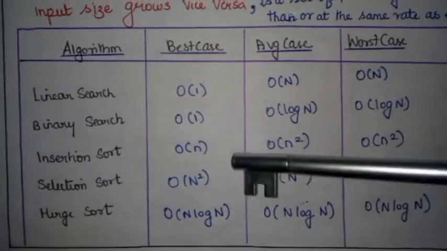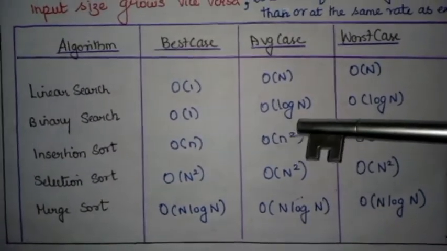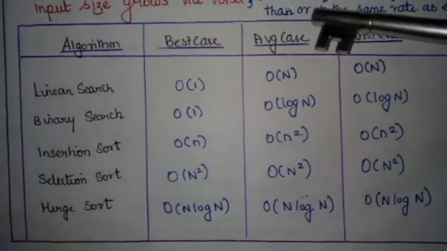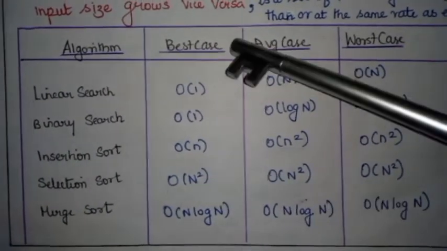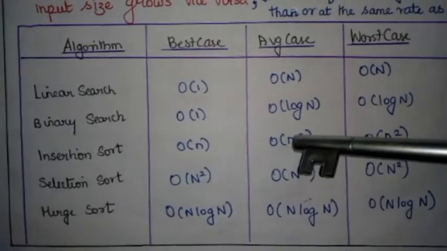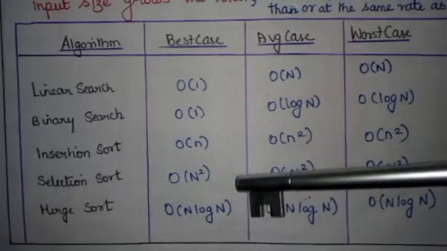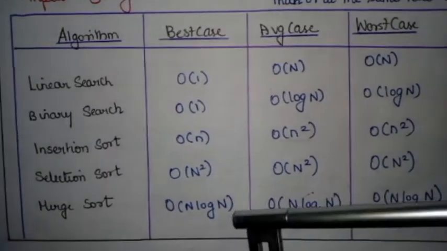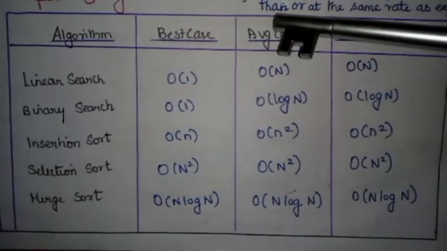The binary search has big O of 1 as best case, big O of log n as average and worst case. Insertion sort has big O of n as best case and big O of n square as average and worst case. Selection sort has big O of n square for all the three cases: best case, average case, and worst case.